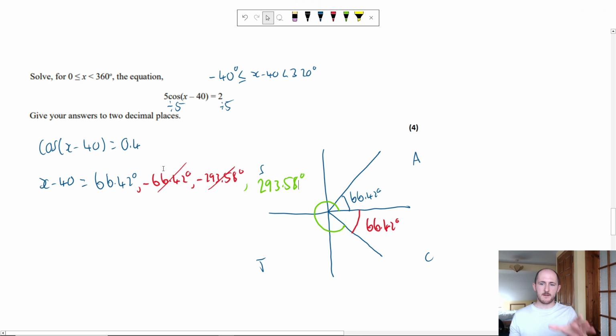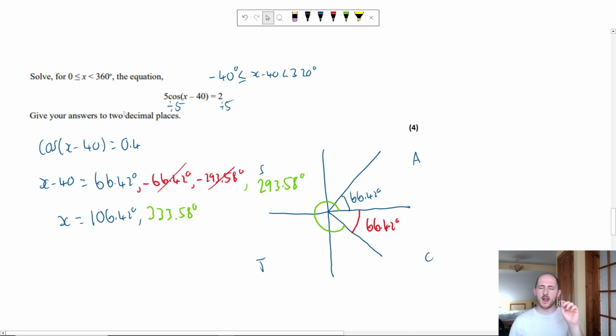So these two are not inside the range, but this first one here and the last one are. So now all we need to do is add 40 to all of these values. So that would be 106.42, and also this one would be 333.58 degrees.